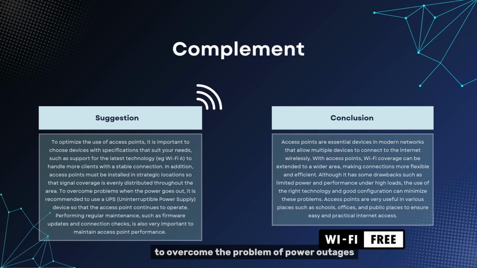To overcome the problem of power outages, use an uninterruptible power supply so that the access point can operate when the power goes out. Apart from that, make sure you carry out routine maintenance to maintain the performance of the access point.